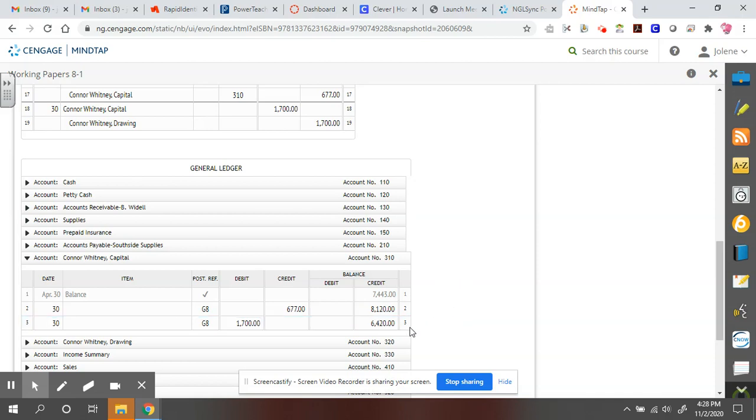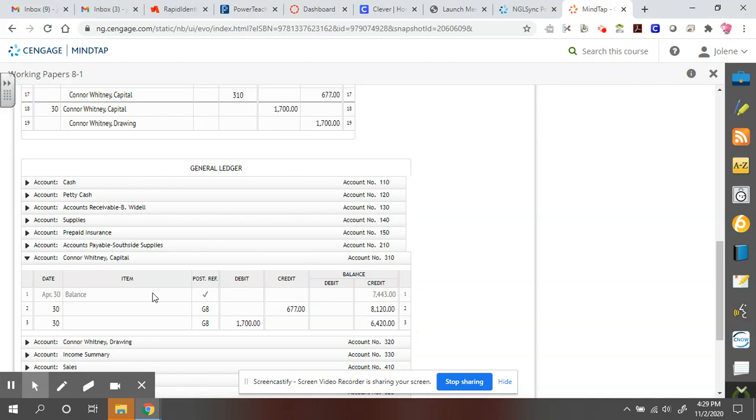Okay, so now what happened is that they started with $7,443 in capital. They added the profit of the month of $677 to that to get $8,120. And then they had to subtract out the money that the owner took out for his own personal use. So now in capital, they still have a balance of $6,420.